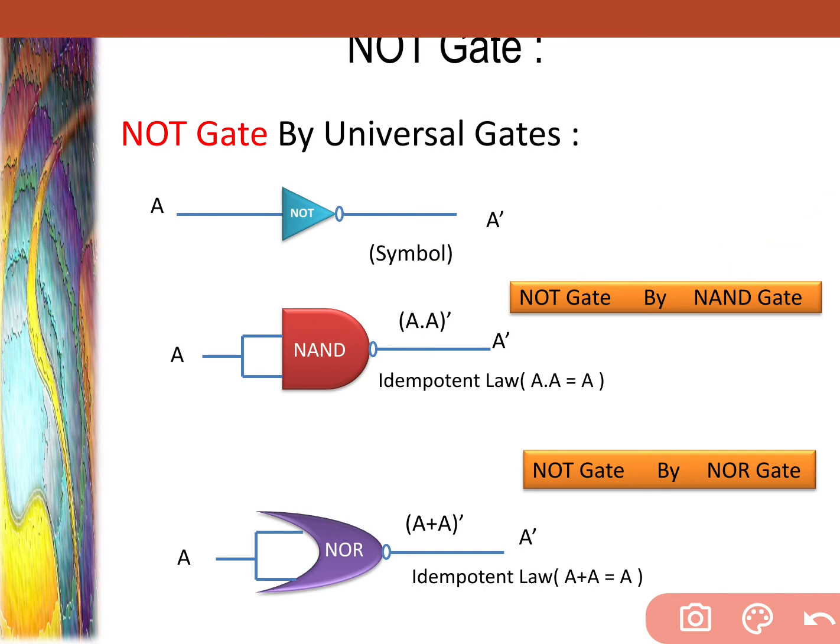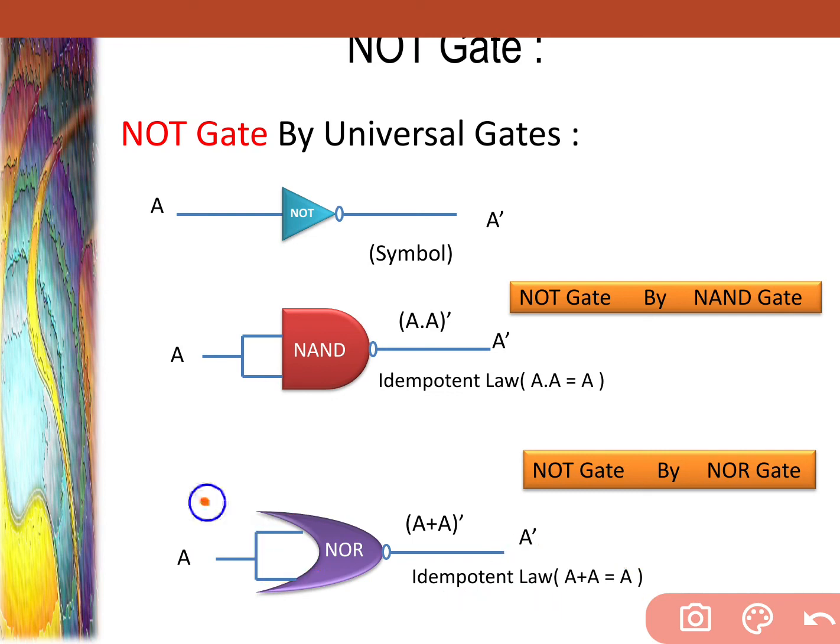And see the same thing: sending one input, splitting that input into two parts, and sending it through the NOR gate. The NOR gate produces A plus A whole dash. And by using the idempotent law, A plus A is equal to A. That's why we are getting A dash.